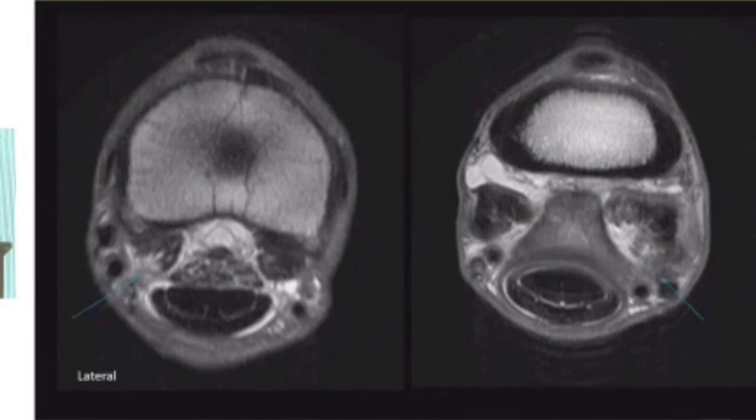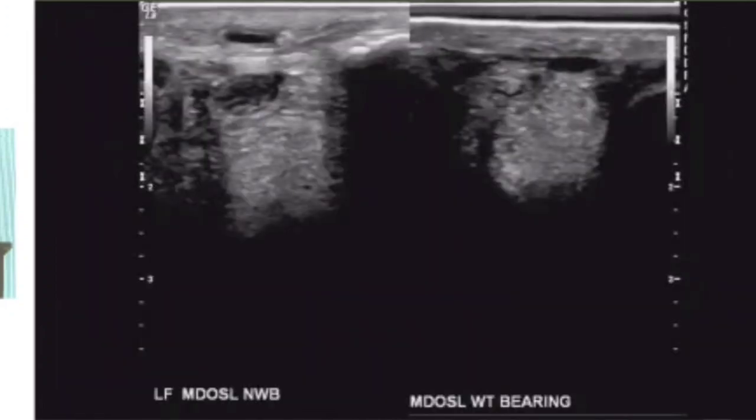So we ultrasounded her again afterwards, and here are two images, one with the limb weight bearing and one with the limb non-weight bearing. Starting with the weight bearing, all you can see is this little touch of hypoechogenicity on the abaxial margin of the oblique sesamoidean ligament.